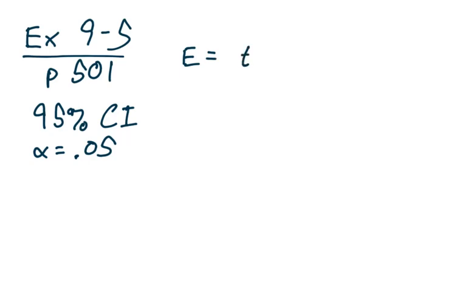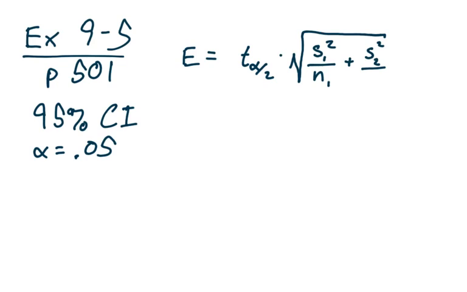And this is going to be a critical t value, t subscript alpha over 2, times the square root of the sample variance, the sample standard deviation squared, divided by the sample size, plus the variance for the second sample divided by the second sample size.